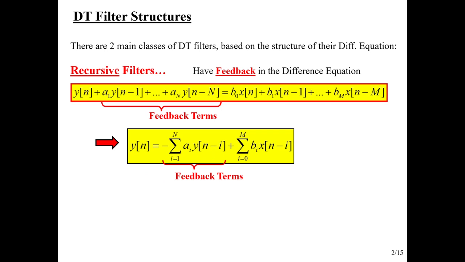And then let's look at the term here that involves the input samples. That starts at i equal to 0, so x of n is the current input sample, plus a whole bunch of potential past input values. And all of these are weighted by coefficients.